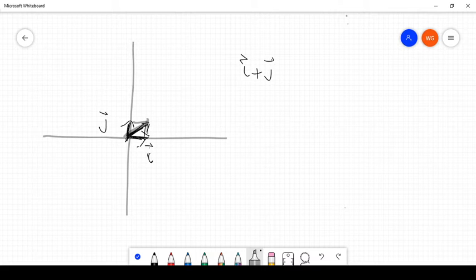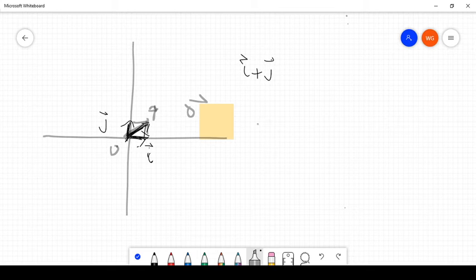So the usefulness of having the standard basis vectors i and j is that we can use them in an algebraic way to sometimes simplify or streamline the process of adding components. Because this vector here, we can call it vector OP. The components of that vector would be 1, 1.